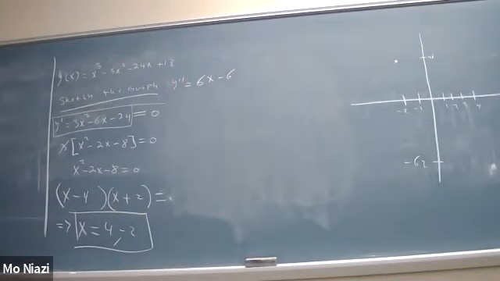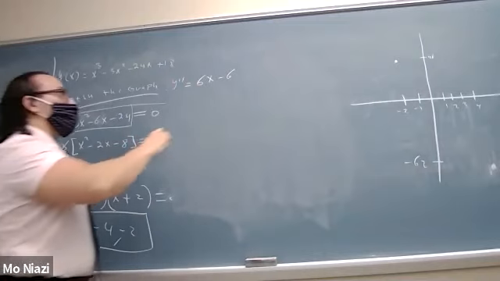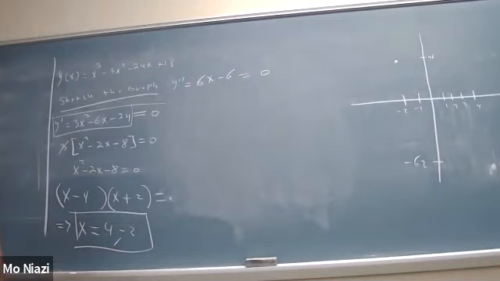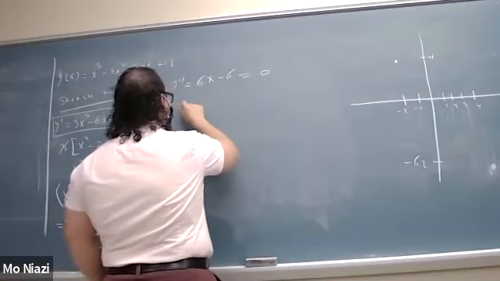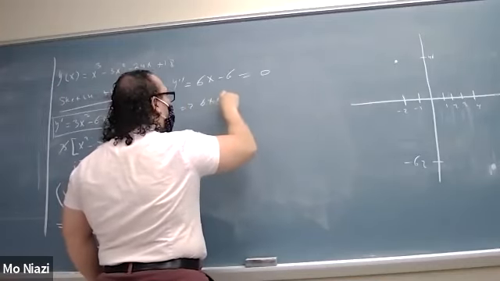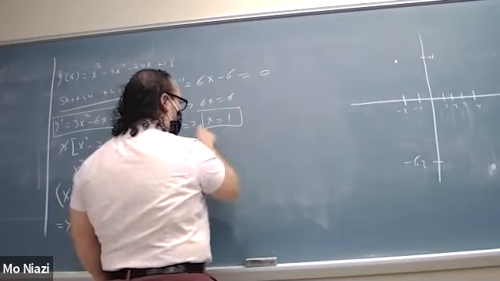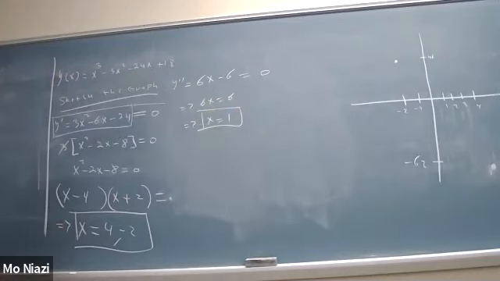Now, what happens when we set this equal to 0 and solve for x? x equals 1. Yes, x equals 1. But what is the implication of this point, x equals 1? What's happening in the graph at that point?